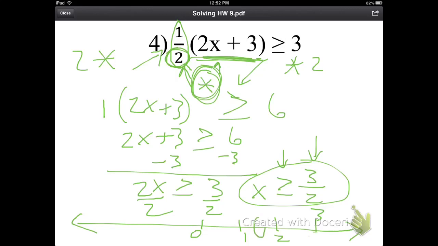So you put a circle there. I'm going to fill it in because there's that little line underneath. Now read it out. It says x is greater than or equal to 3/2. So I need to shade the direction of the numbers that are bigger than 3/2 or 1.5. That's to the right. So I'm shading to the right. Put an arrow though. Blam, done.